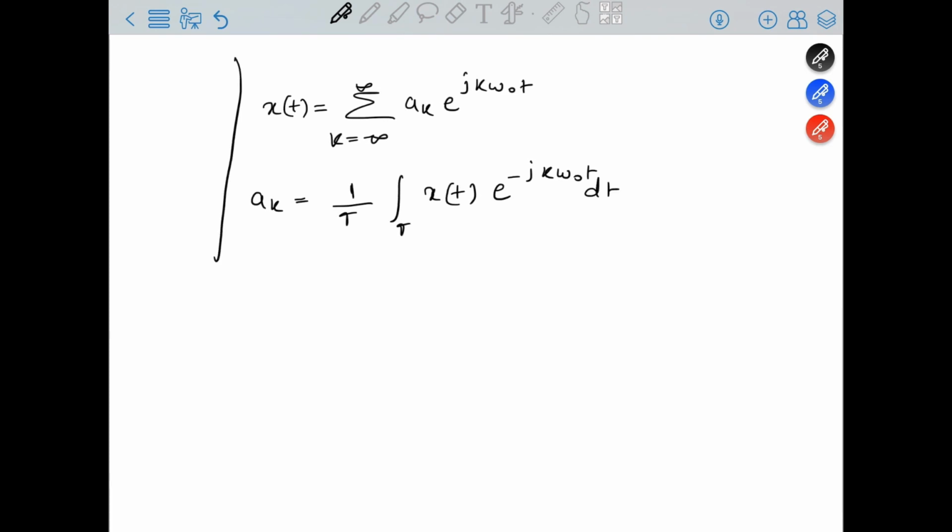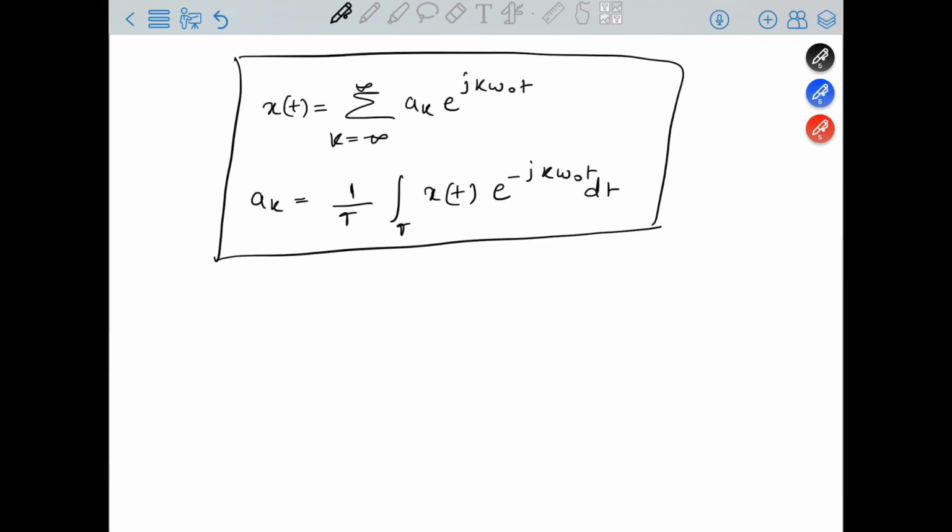These two formulas are important in the case of the Fourier series, and we'll see some examples and questions to learn how Fourier series and Fourier coefficients are computed. So thank you.